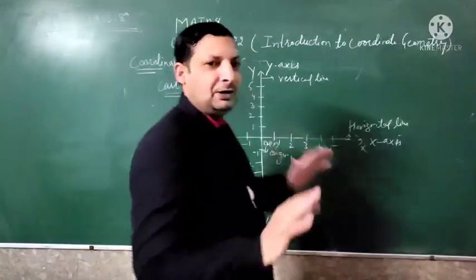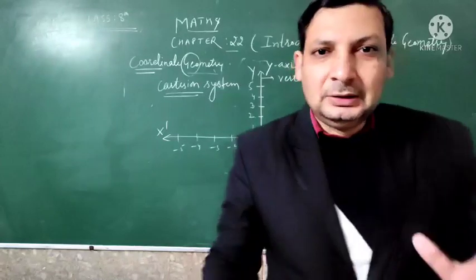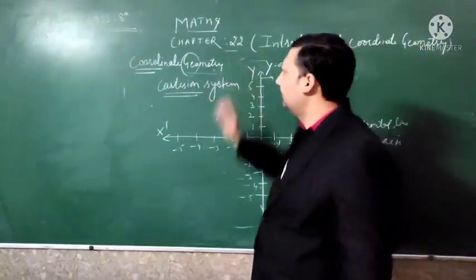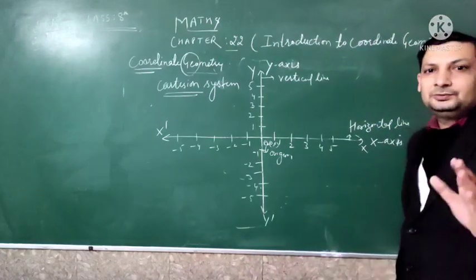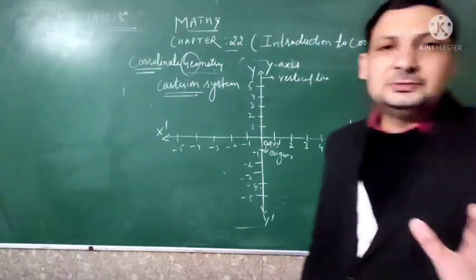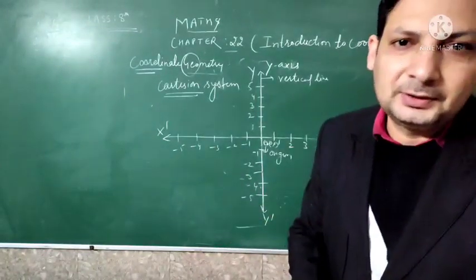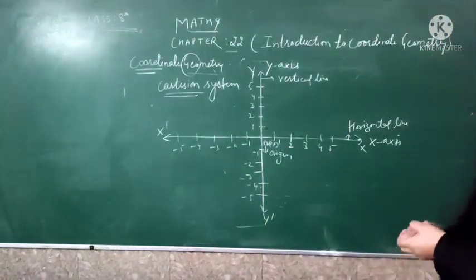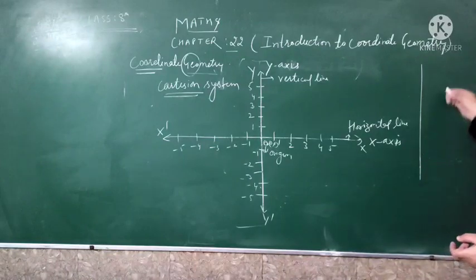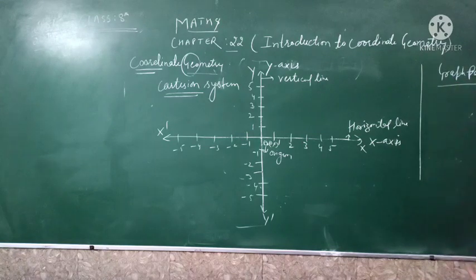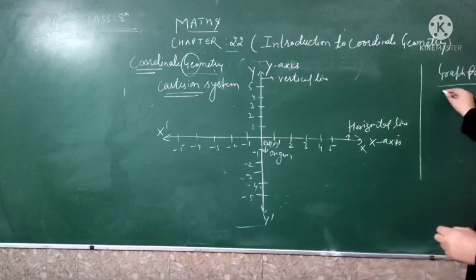Dear students, listen very carefully. Now we are discussing a very important point. What I have told you is that coordinate geometry means to locate any point on the graph paper. We need an address. Coordinate geometry we have to represent only on graph paper. To represent any point, we need graph paper.